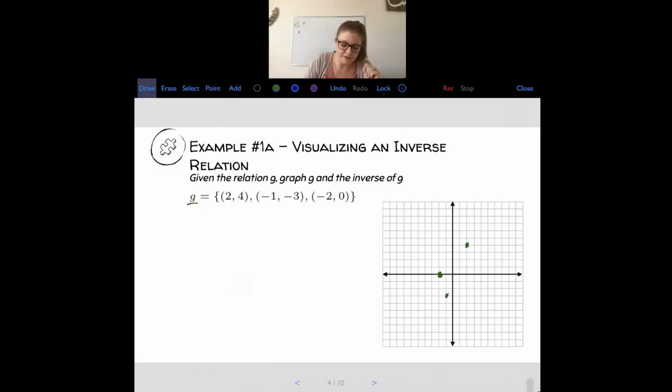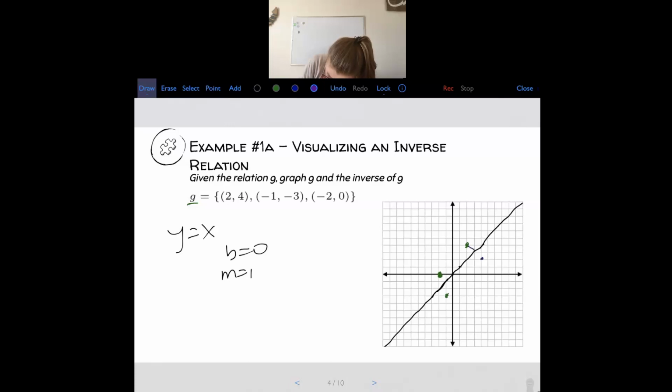Remember, we are doing a reflection across the line y = x. If we think of mx + b, our b is 0 and our slope is 1. So it looks like this. Okay, so we're doing a reflection. I'm going to graph the inverse of G in purple. If I reflect this first point at (2, 4), I'm going to end up here.